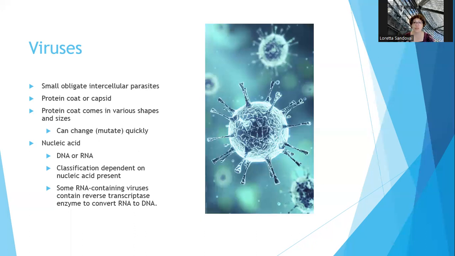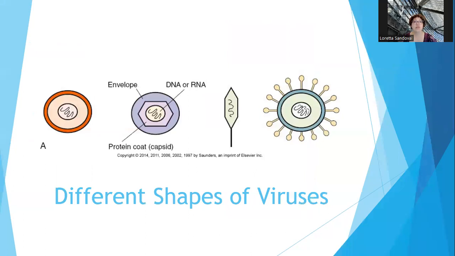So viruses are highly adaptable and highly dangerous. There are lots of different shapes. You can have round ones. This is just, obviously, an artist's rendition of them. The one with all the little spikes on the outside is a coronavirus.